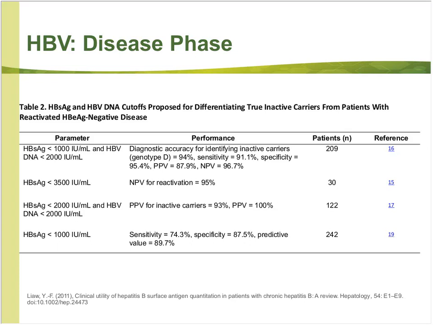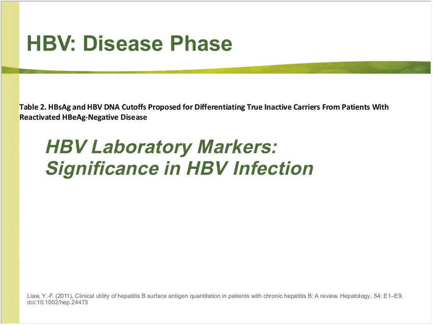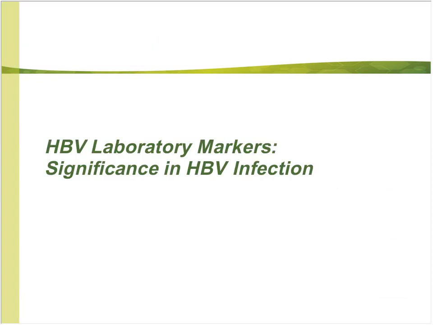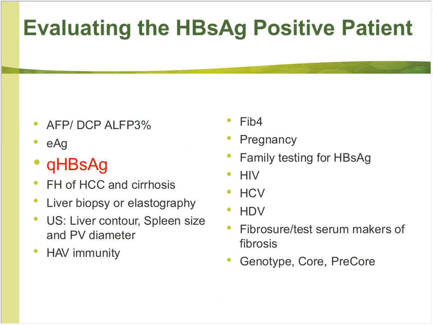It's a relatively low number, but this can help you guide therapy, guide monitoring of patients, how frequently you may want to do follow-up testing. So a lot of data on this slide, but just gives references and NPV, negative predictive value, positive predictive value, sensitivity, and specificity.